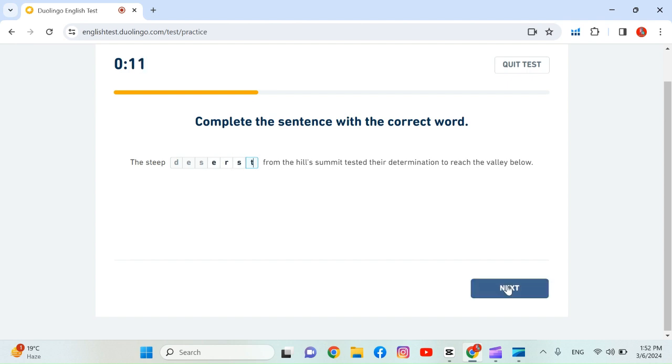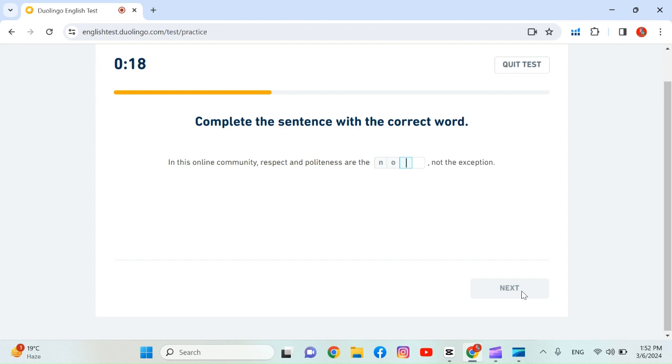The steep deserts from the hill summit tested their determination to reach the valley below. Deserts. I think it's the humane mouse trap, which allowed them to catch the mice and release them. Trap? Yeah, the humane mouse trap.